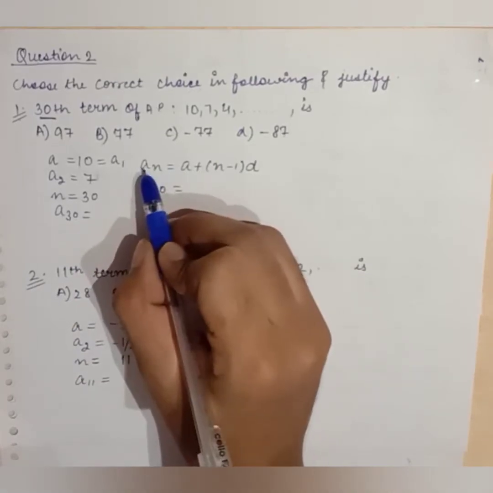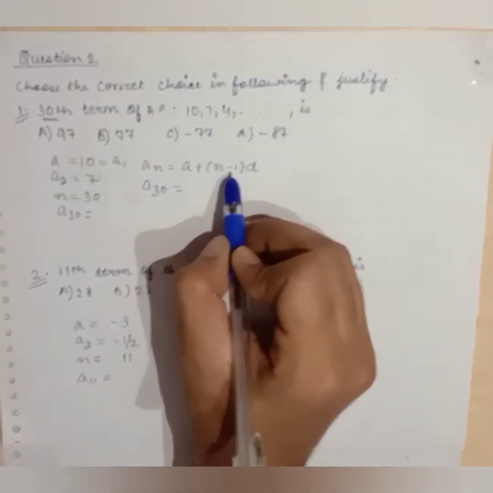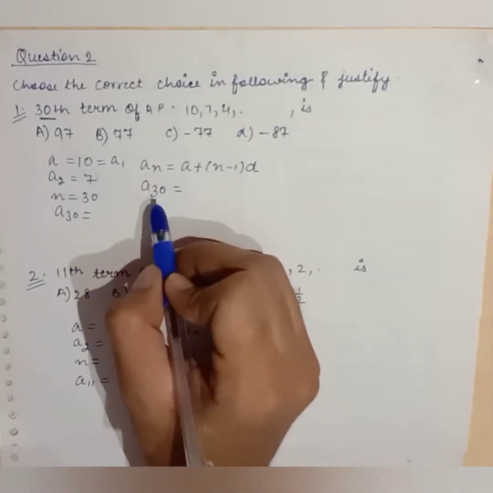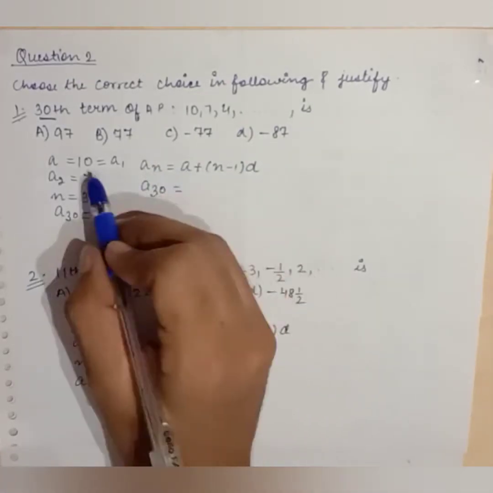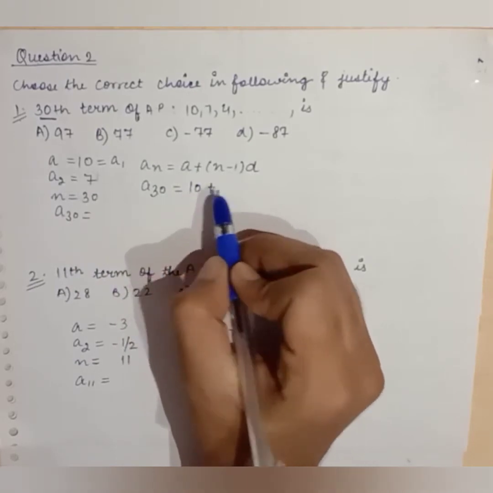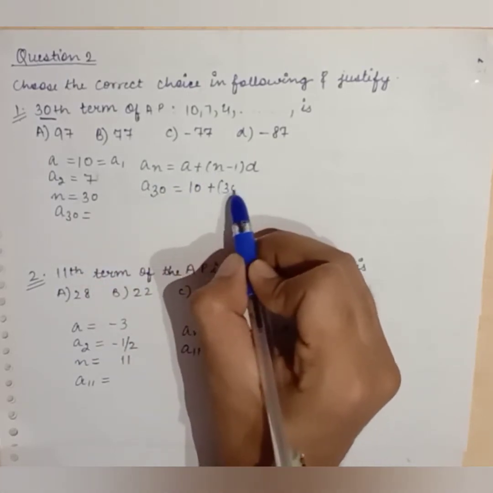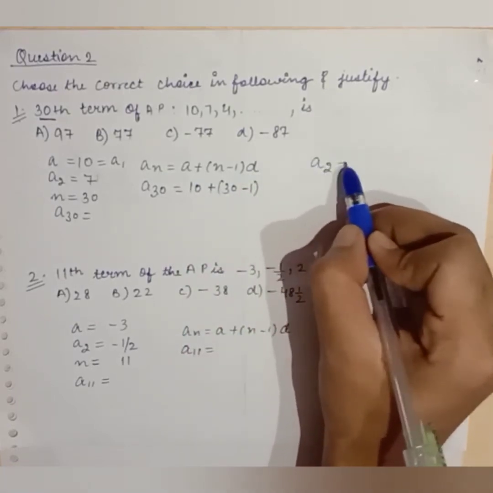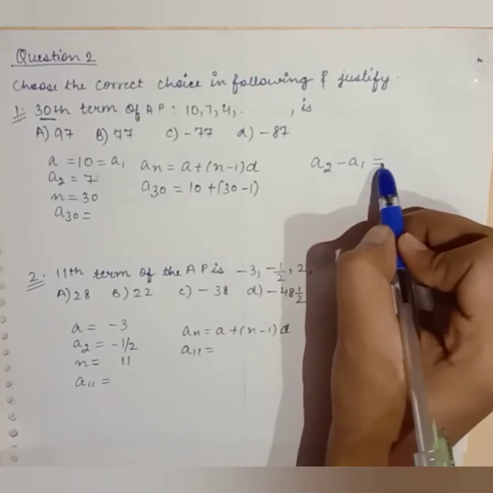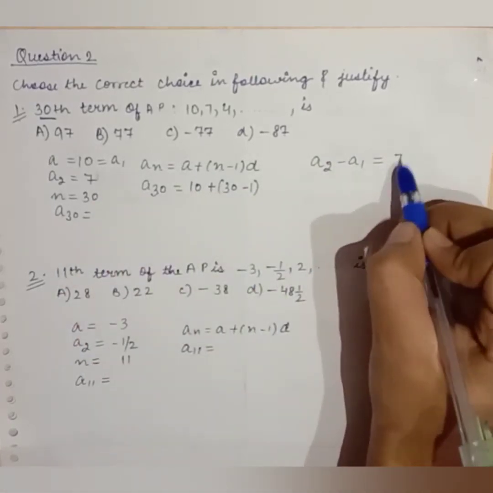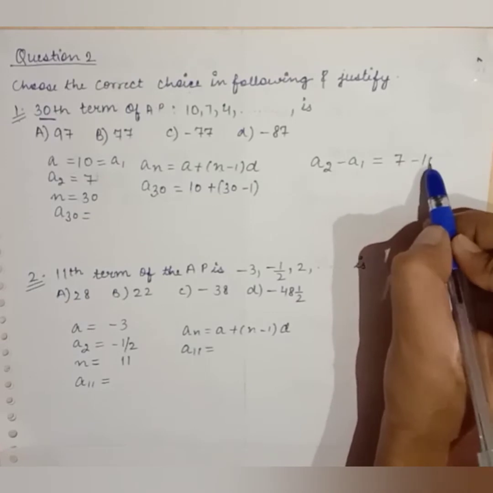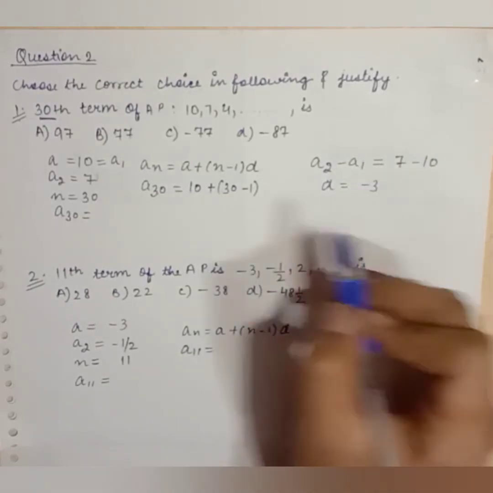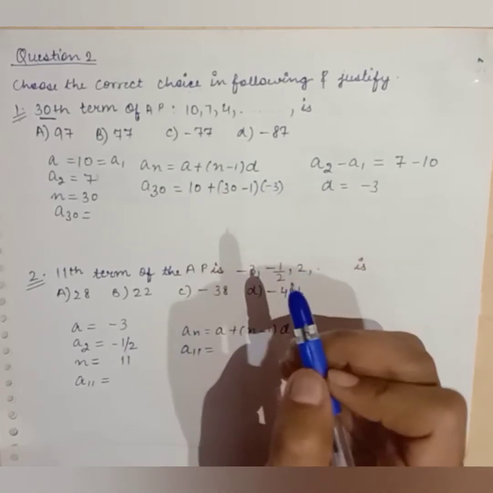We use the formula an is equal to a plus (n minus 1)d. an is the 30th term, a is 10 plus (n is 30 minus 1). For d, we have to subtract a1 from a2. a2 is 7 and a1 is 10. We get common difference d is minus 3. So we write here minus 3.